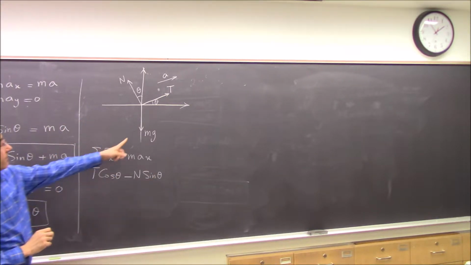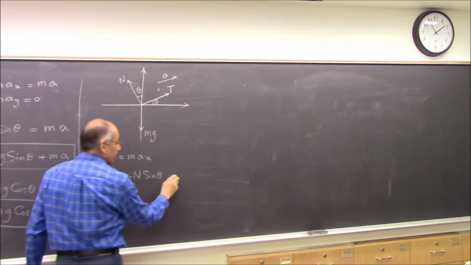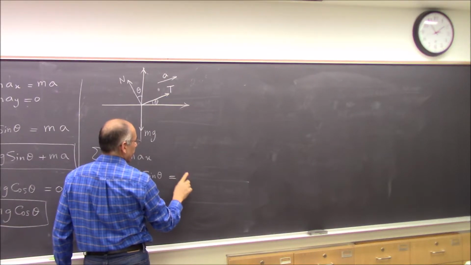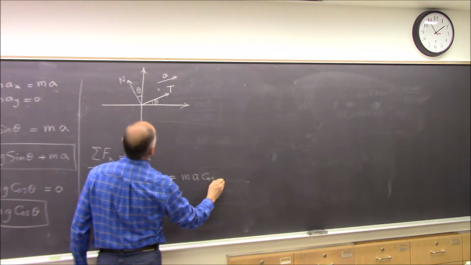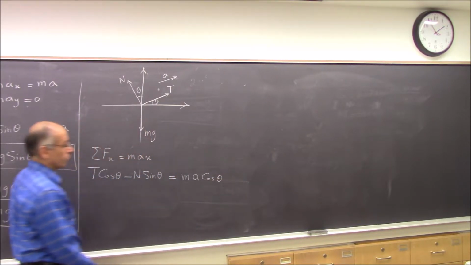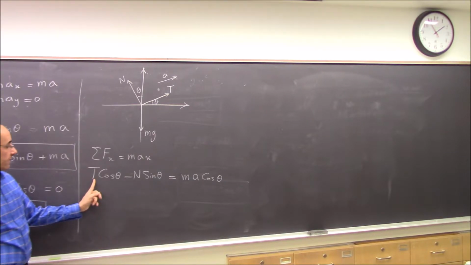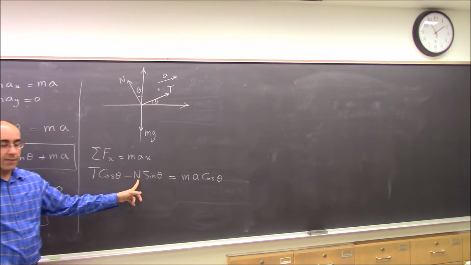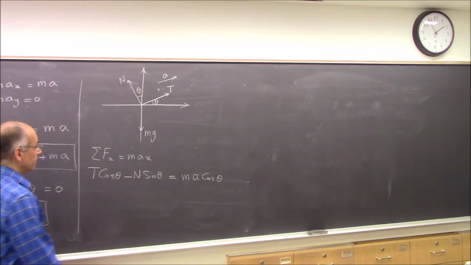And W doesn't have an x component, but that is equal to m times the magnitude a times cosine theta. Right? So one equation becomes like this, and it involves T and N. We are not interested in N right now. We want to find this T, right? All right, so this is one equation.